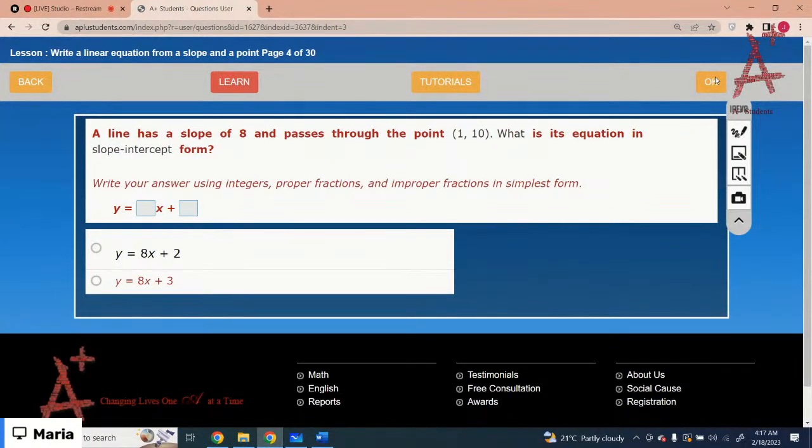Okay, a line has a slope of 8 and passes through the point (1, 10). What is its equation in slope intercept form? You can calculate the value of b on your side. Just let me know which is the correct option.